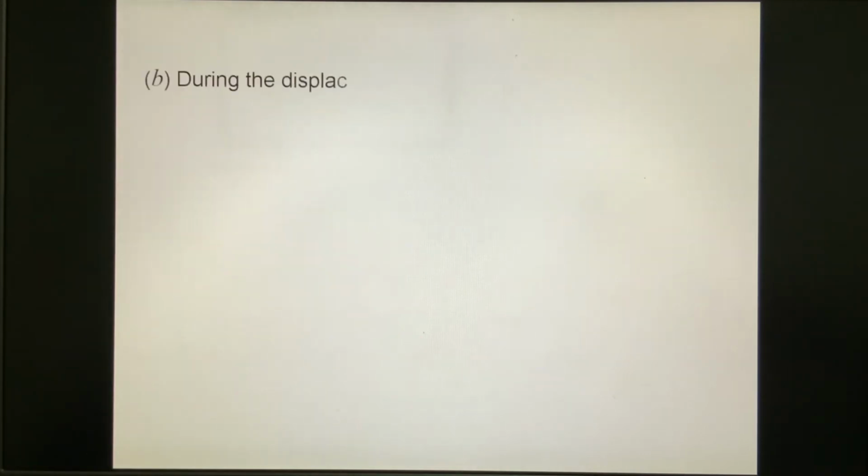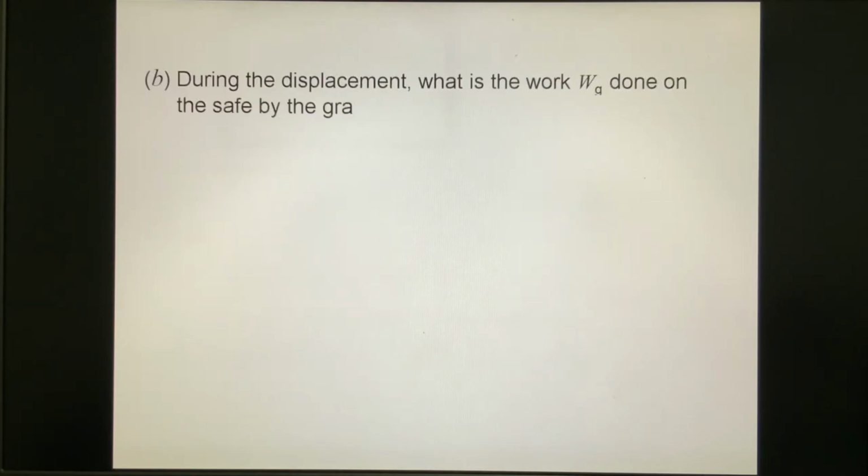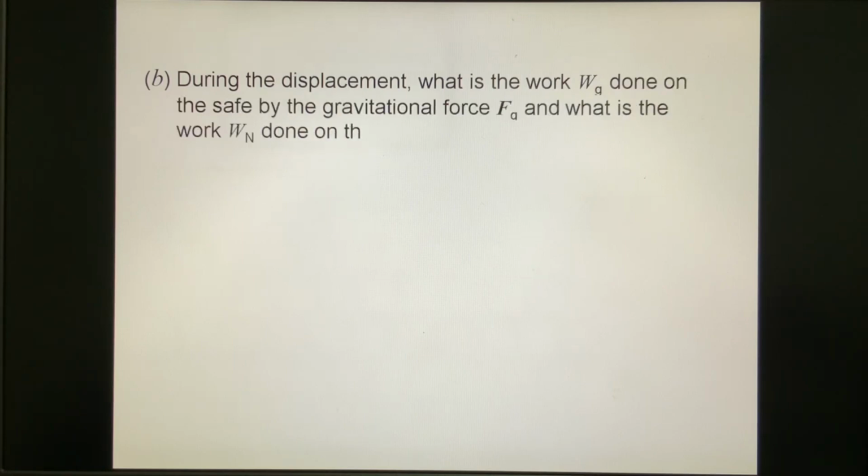Question B. During the displacement, what is the work Wg done on the safe by the gravitational force Fg? And what is the work Wn done on the safe by the normal force N from the floor?